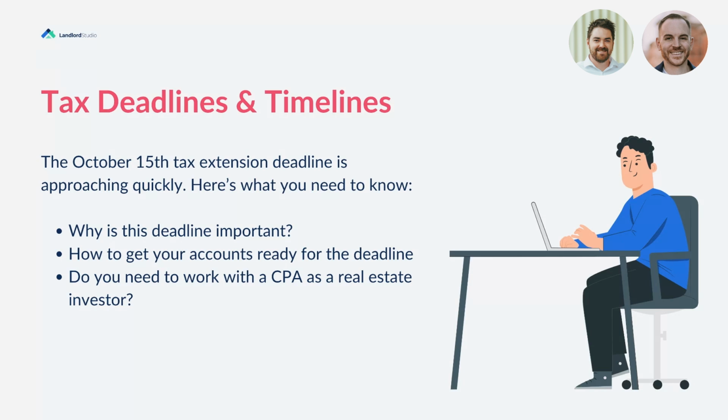The partnership returns are due September 15th. That date's come and gone. Then you'd be filing your K-1s with the information about your properties on October 15th. So if you're a real estate investor, chances are you have this October 15th deadline if you've not already filed your tax returns.